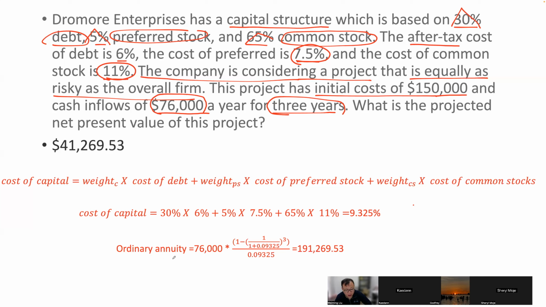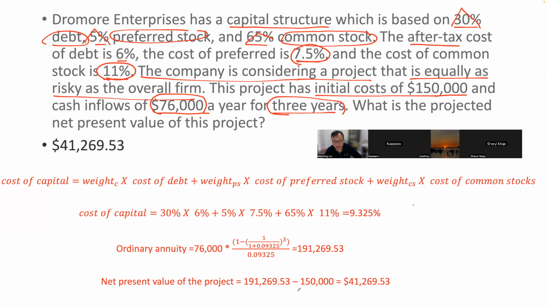So I calculated the ordinary annuity to be $191,269.53. So this is the present value of the ordinary annuity, and I need to consider the initial cost. So I take the difference. When I take the difference, I get the net present value. Okay, the net present value of the project is $41,269.53.